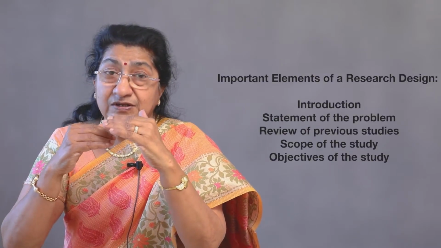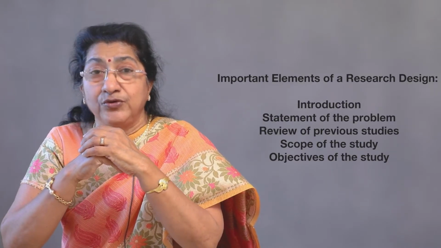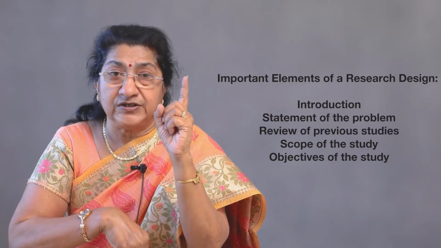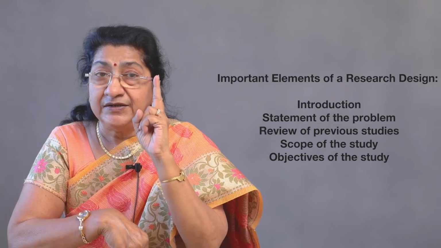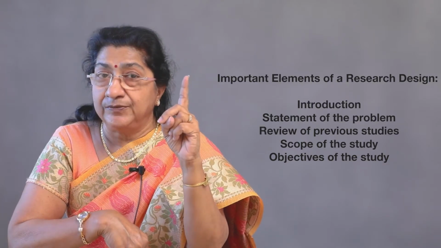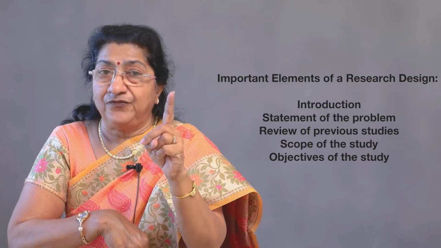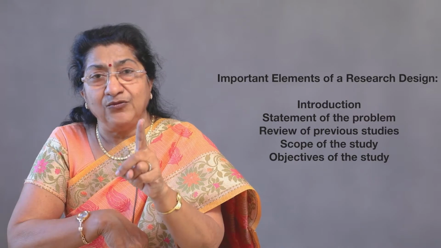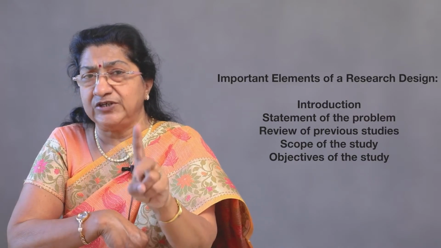So, when you design your research design, some elements you have to keep in mind. First one is introduction. Second, statement of your problem, meaning problem formulation. If you do not want to formulate the problem, then give a clear picture about the objectives of the study.